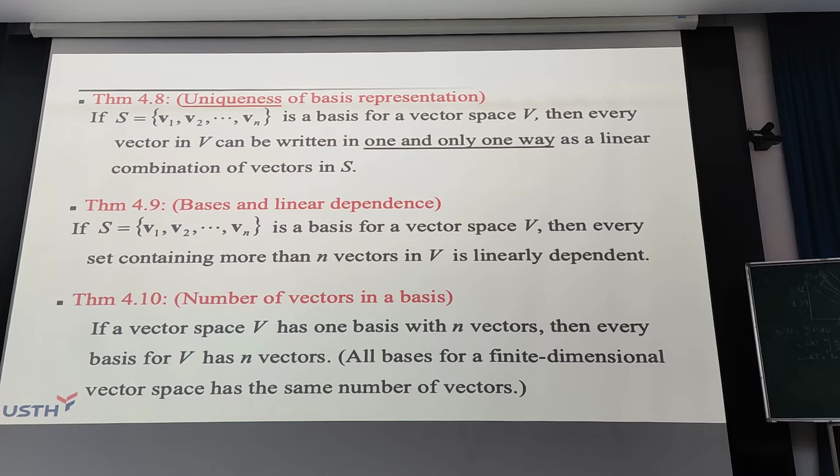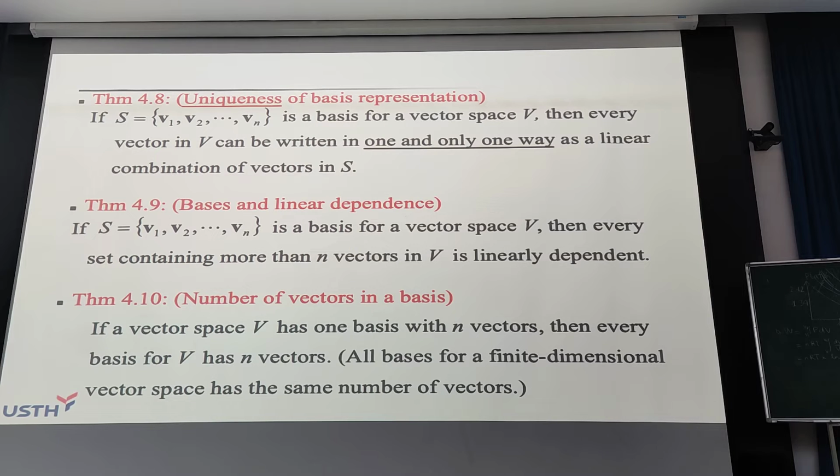Then we have some more properties about the basis and linear dependence and linear independence. Suppose that S consisting of v1, v2 up to vn is a basis of vector space V. Then any set containing more than n vectors must be linearly dependent.